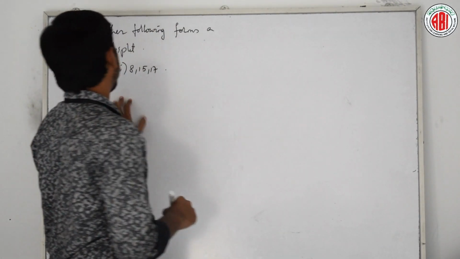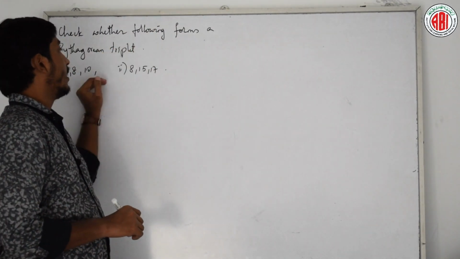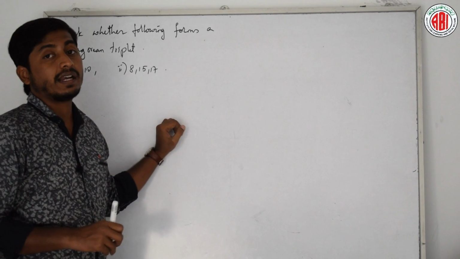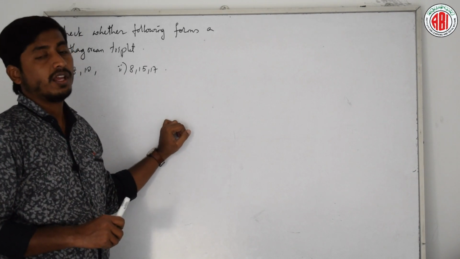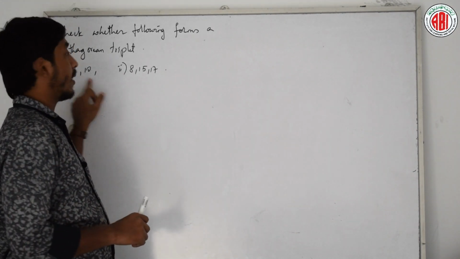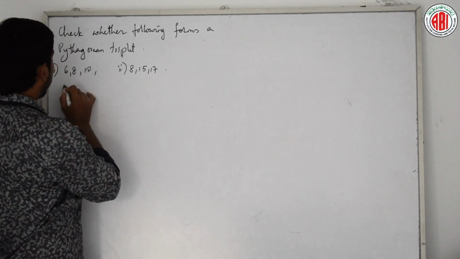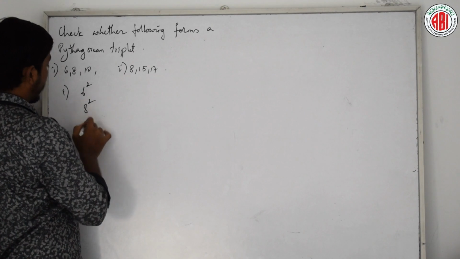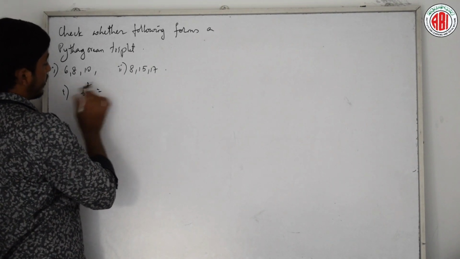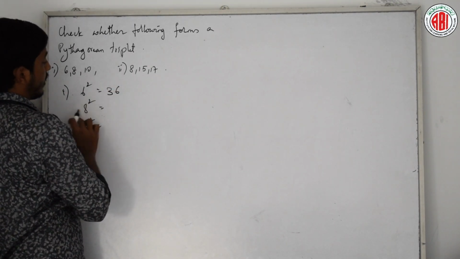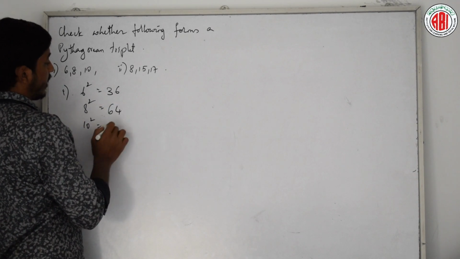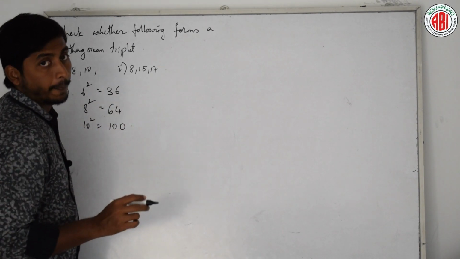The question given here, he is asking us to check whether these pairs form a Pythagorean triplet or not. Okay. What we have to do? We have to square all the numbers. What do we get? Here 6 square, 8 square, 10 square. 6 square is 36, 8 square is 64, 10 square is 100. Okay.